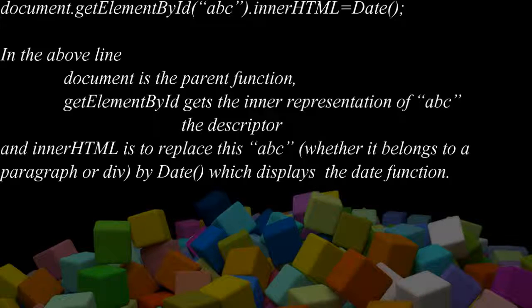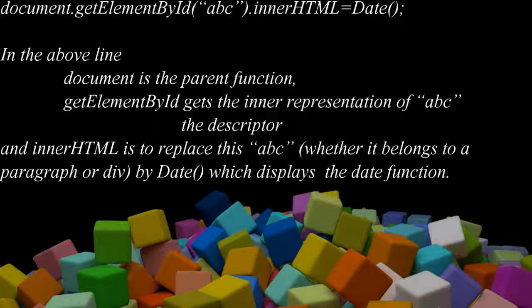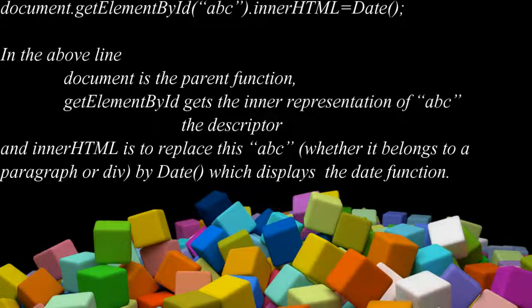document.getElementById("abc").innerHTML = Date(). Now this is a standard JavaScript program. In the above line, document is the parent object. getElementById gets the element with the id abc, which is a label or the descriptor.